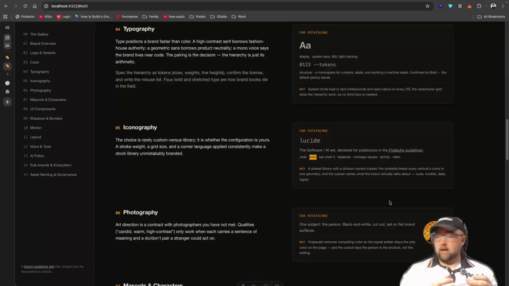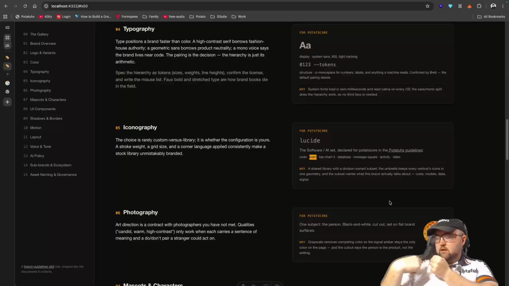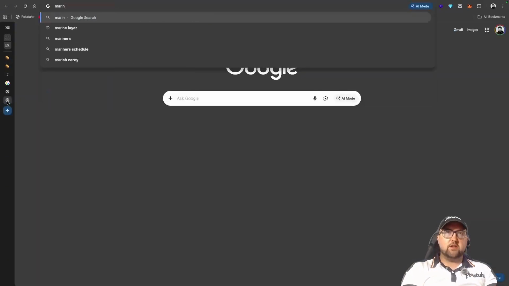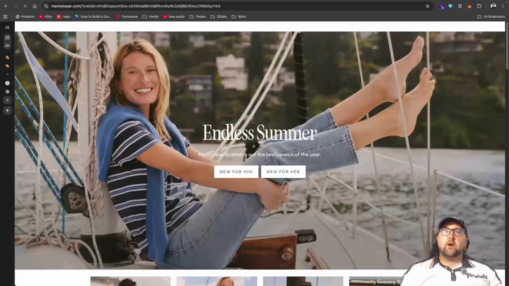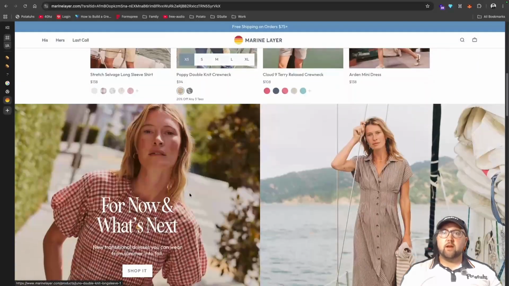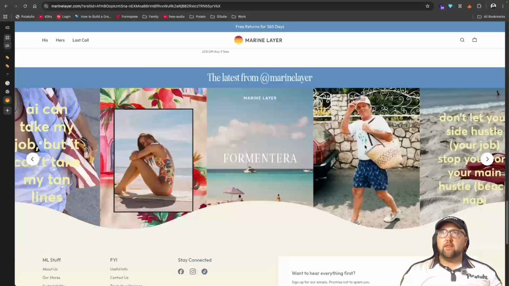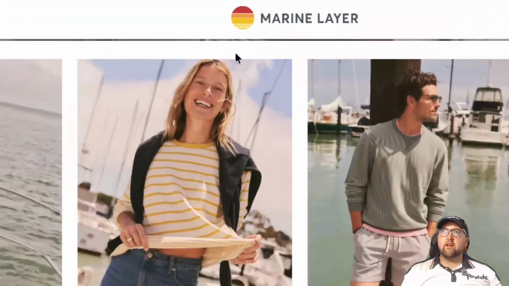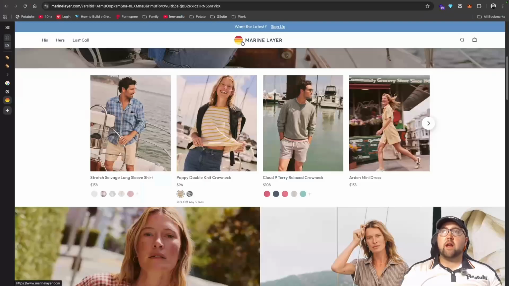I really like how this has these stripes. A brand that I think does this really well also is Marine Layer. As you can see here, you've got stripes, right? Let me find their actual logo. I really like it. It reminds me of the horizon.